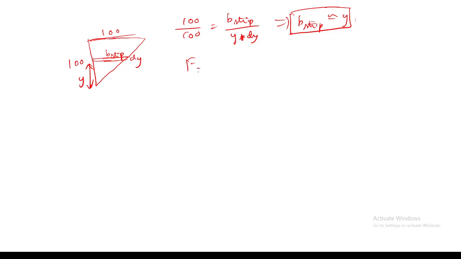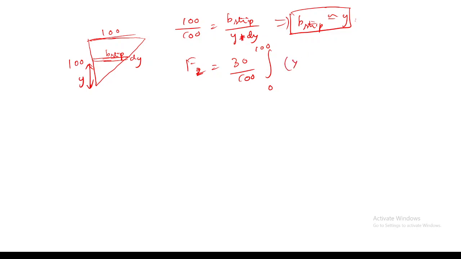So the total force will be, here I am denoting the total force of this triangular hatched region as question 2. It will be the same, 30 by 100. Here, what will be the limit of integration? 0 to 100. Yes, it will be 0 to 100. And what is b strip into dy? So b strip into y into dy.